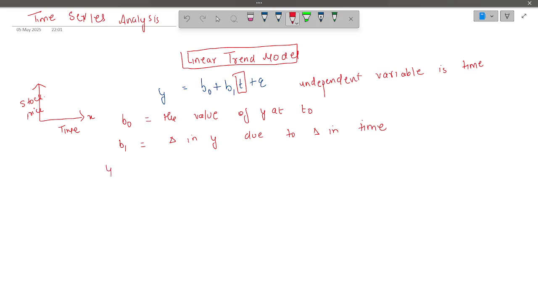Your dependent variable y is going to be stock price, and x is going to be time. So day 1, day 2, day 3, day 4, day 5. So you regress the two, you will get an equation like this, right?